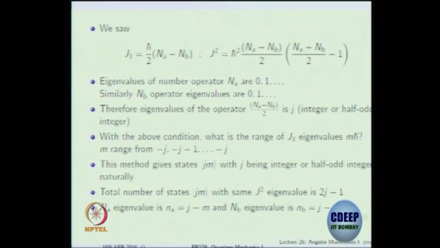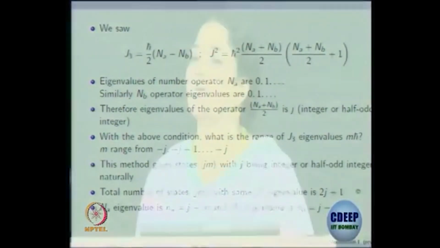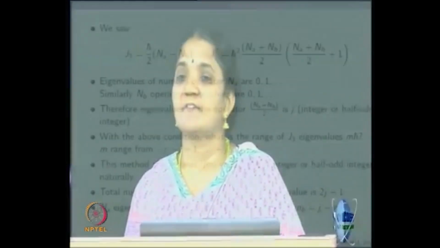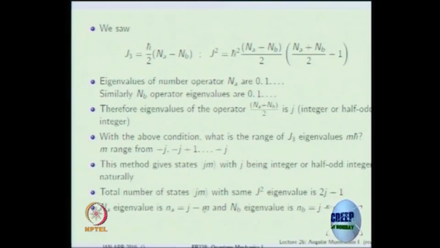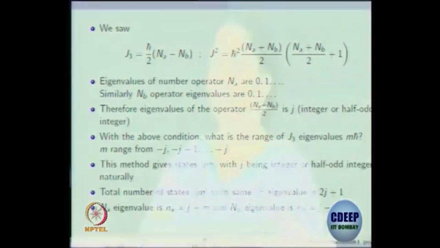Will this always be an integer? Yes or no? J minus m has to be an integer. If j is half odd, then m also is half odd. So the difference between two half odds will be an integer, or the sum will be an integer. Very beautiful. Conversely also it's consistent. If you start getting the number operator eigenvalues to be half odd integers, we are stuck. We can't use this.